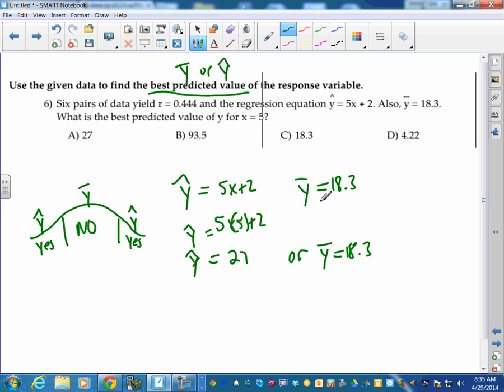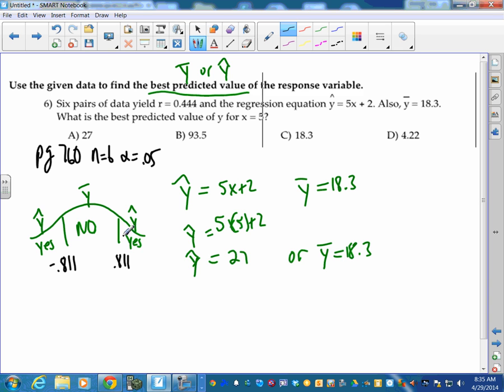Clayton, what do you think? Page 760. N is 6. What's alpha? 0.05. So what's our critical value going to be? 0.811.